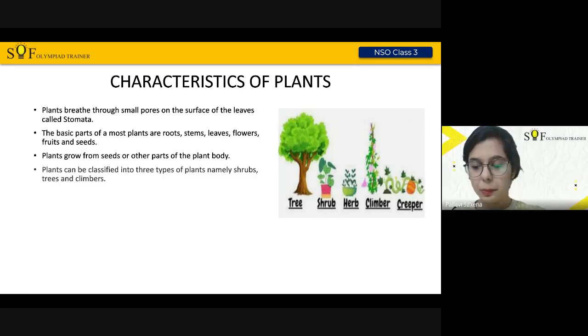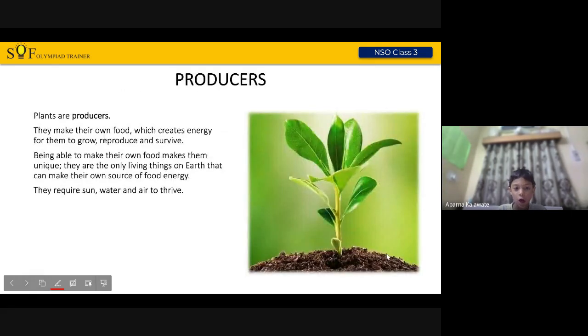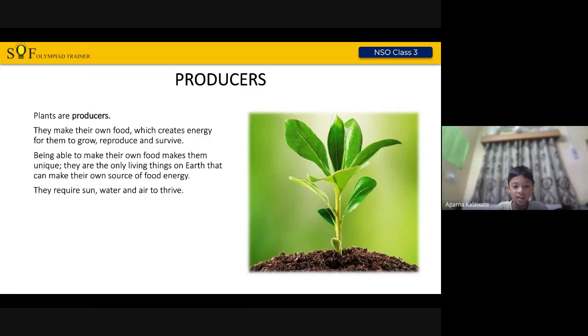Yes, Rian, please tell. Ma'am, the plants are producers, the primary consumer is the grasshopper, the secondary consumer is the frog, the third consumer is the snake, the final consumer is the eagle, and the decomposer is fungus.